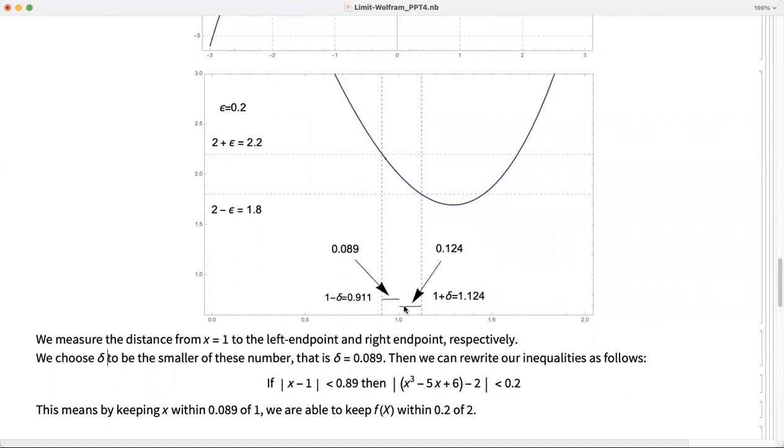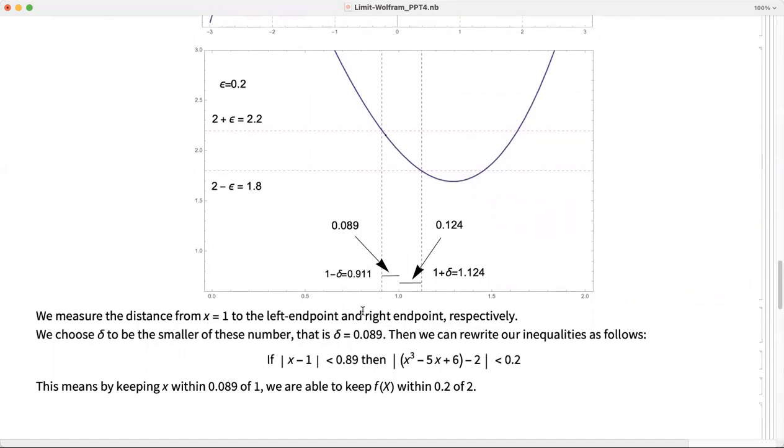Since this is not symmetric, and we want to express the limit in terms of epsilon and delta, we have to choose one of them, the smaller one. Why? Because whenever x is within 0.089 of 1, that guarantees that |f(x) − 2| is less than 0.2. So we have to choose the smaller one.